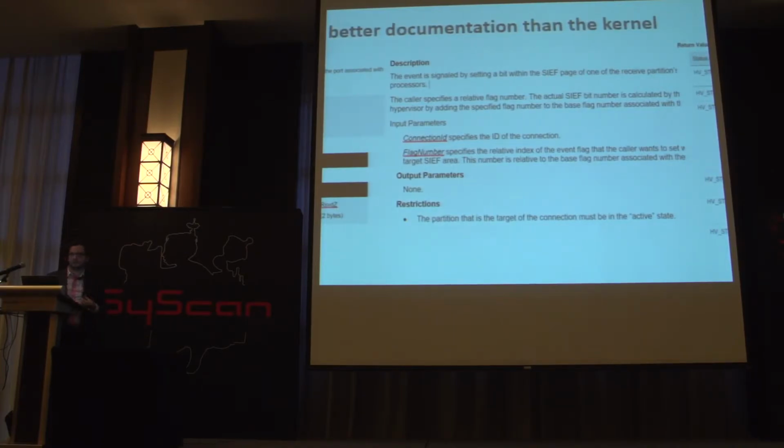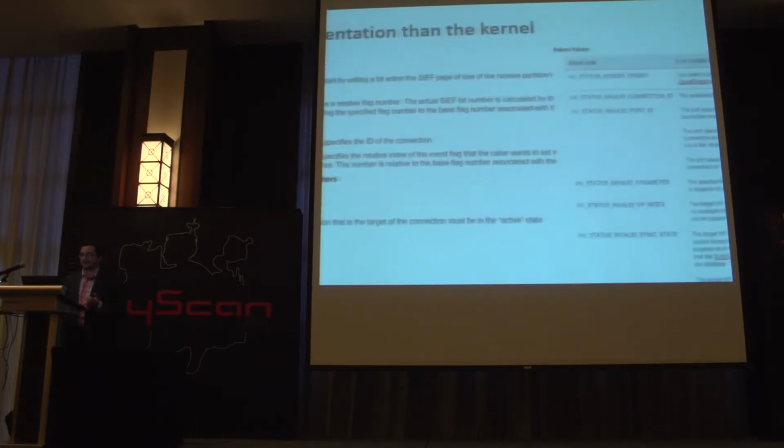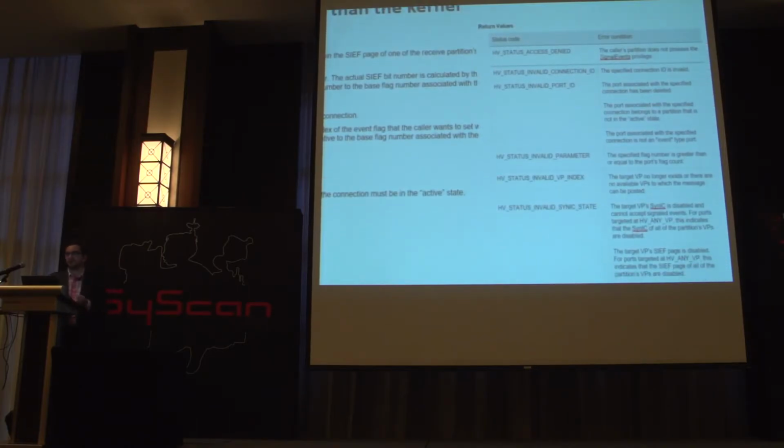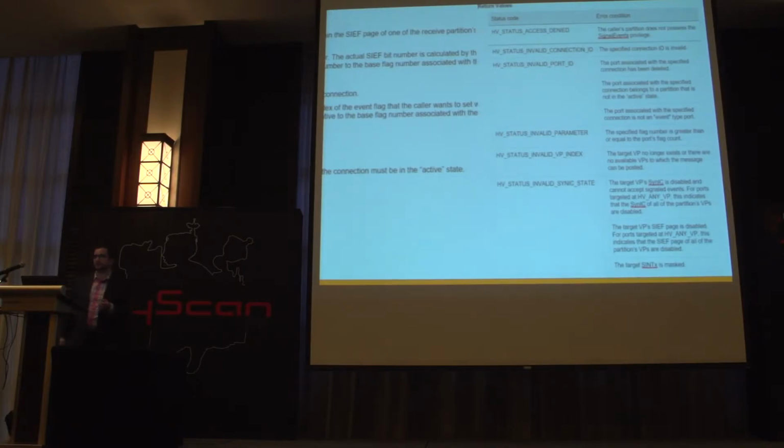It shows you all the input parameters and all the output parameters, gives you the state restrictions, and documents every return value. If you've ever done Windows programming, especially kernel programming, and you get back some weird status from a function, and you look at MSDN and it says return values: status success, or appropriate status code. It's like, gee, thanks. They actually document every single one that is going to come back.